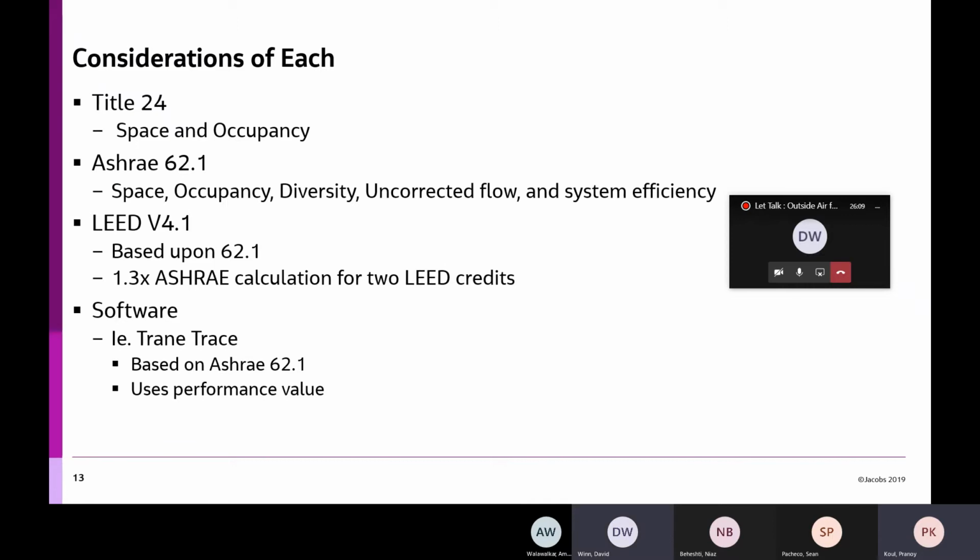But for this presentation, I wanted to make it more simplified and concise with regards to our goal, which is knowing the essentials of ASHRAE 62.1 and the key updates about Title 24 and LEED. So I'm more than happy to discuss Trace specifically in our next presentation.